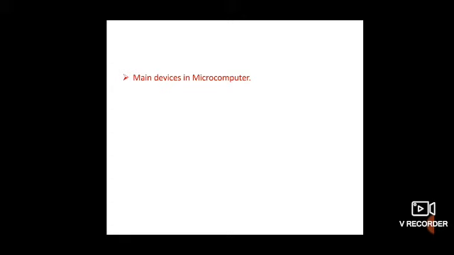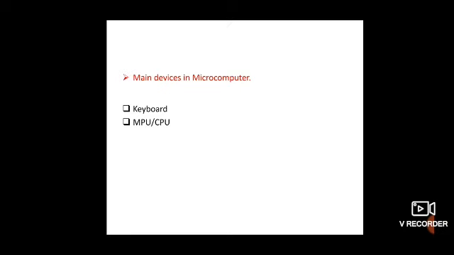A microcomputer is an integrated circuit of computer. So in this microcomputer, what are the main devices? First one, keyboard, that is an input device. Second is MPU or CPU. MPU means microprocessor unit or central processing unit, that is the heart of the system.